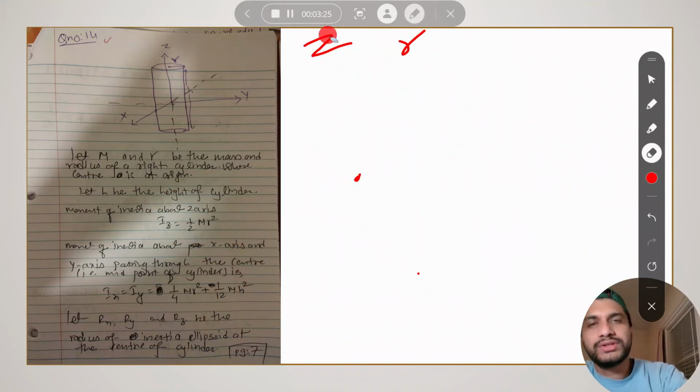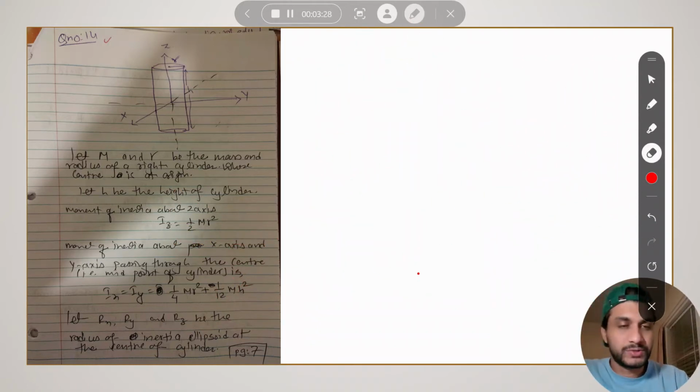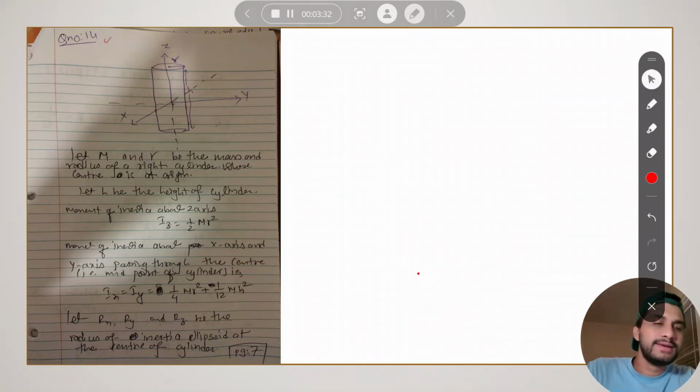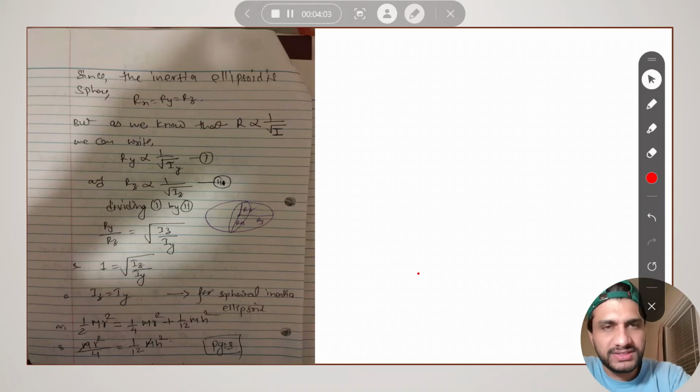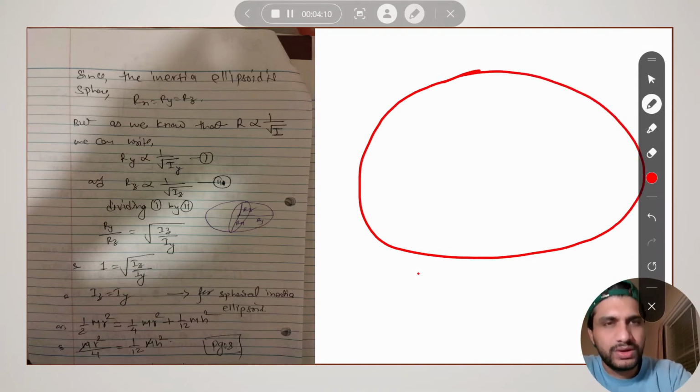And then I'm going to introduce some terms in the inertia ellipsoid. We know that the inertia ellipsoid has some radius. It may have different radii along different axes at different positions. An ellipsoid is a three-dimensional ellipse. You can consider a three-dimensional ellipse like this. For example, you have this ellipsoid.